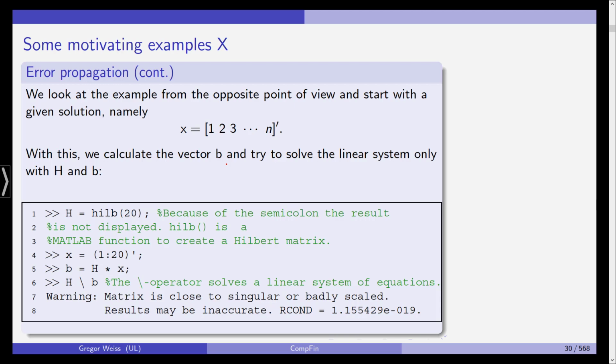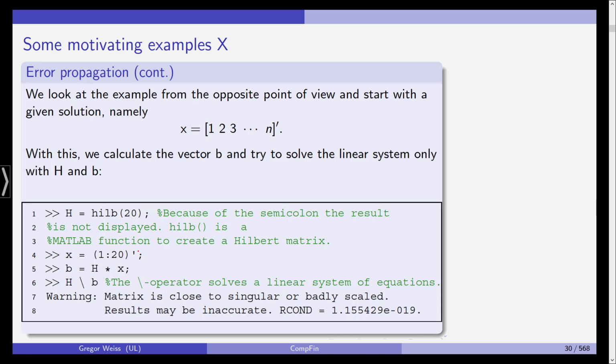As you can see from the comment, the semicolon helps you in MATLAB, because in this case the result will not be displayed. We don't want to see this huge Hilbert matrix on the screen, so simply, instead of just pushing return, enter semicolon and then return. X is 1, 2, 3, 4, 5 until 20, and by using 1:20, this creates a vector.